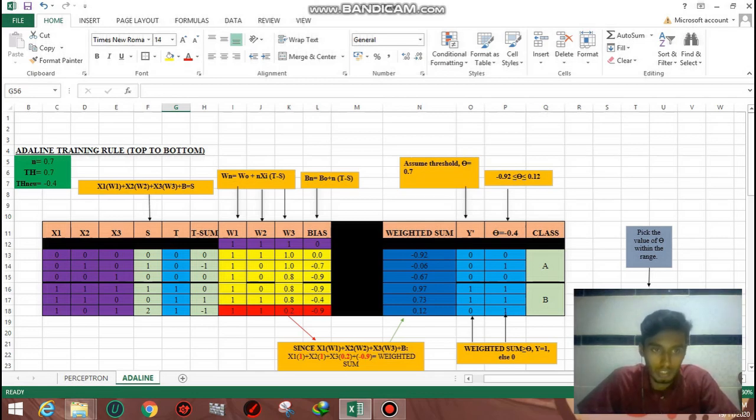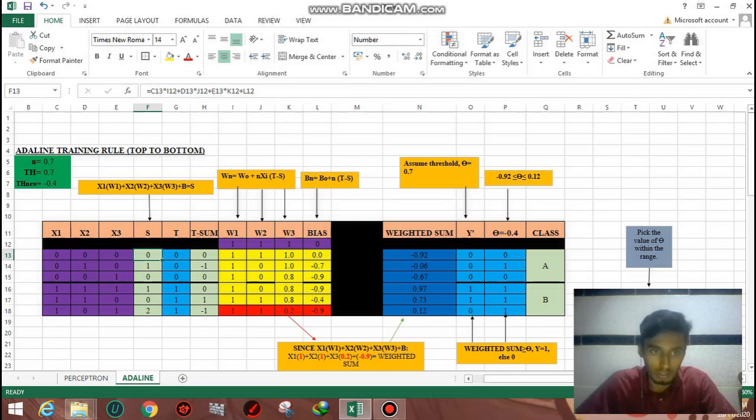Now I'm going to explain how we got this value. For sum, we use this formula, which is x1 times w1, plus x2 times w2, and x3 times w3, and then plus b to get the value s, which is the sum.